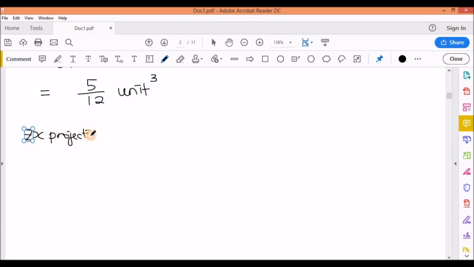So you have to draw the view if it is the zx projection. So you draw your 2D diagram. This is what you will get when it is the zx projection.